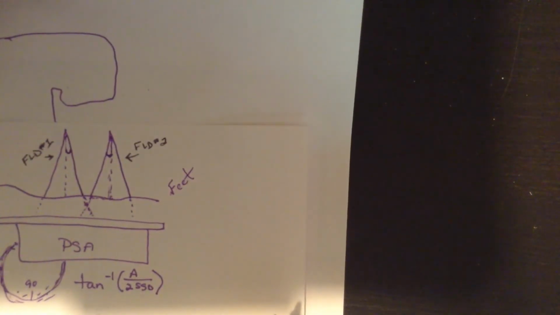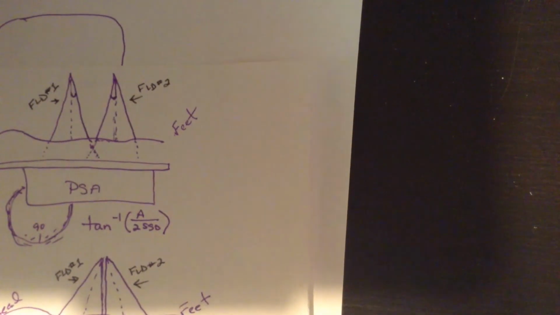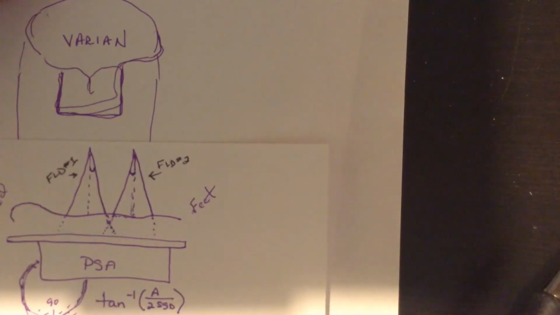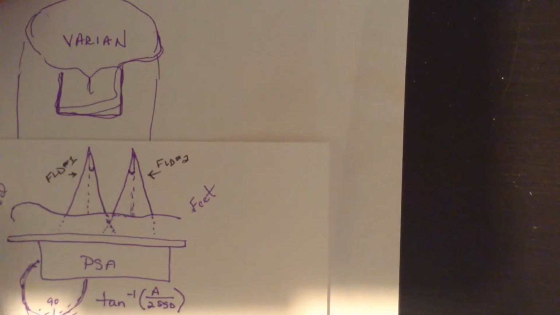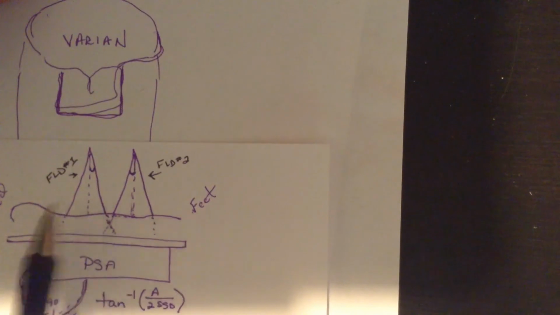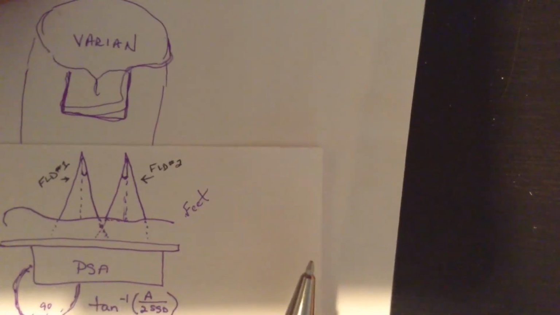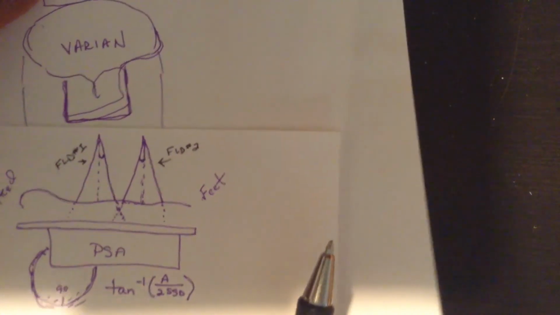The gantry stays upright and rotates on an axis this way. So what we're going to have to do is rotate the couch so that the patient is actually in this relationship with the gantry, where the head is this way and the feet are that way. Or this could be vice versa. But when we tilt the gantry, we're going to be able to, in effect, cancel the divergence for each field and end up with a situation like this.